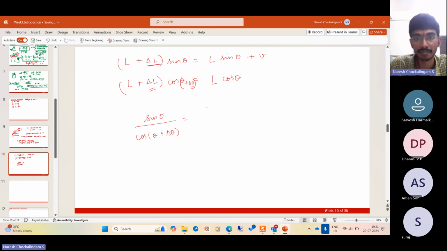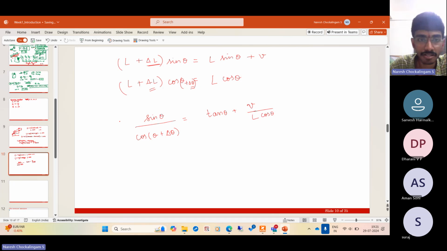So L sine theta by L cos theta will be tan theta plus V by L cos theta. So note that theta is not a variable. Initial theta is fixed. We are starting from some angle. Delta theta is a variable. And V is a variable, right?